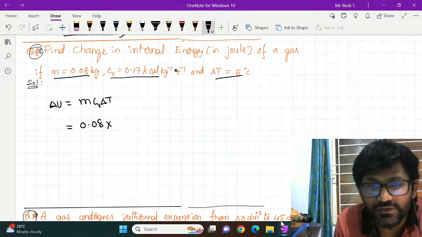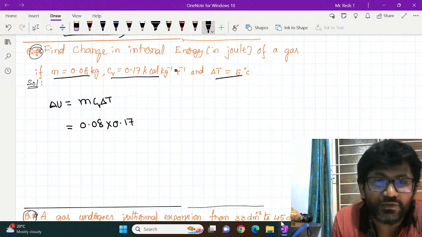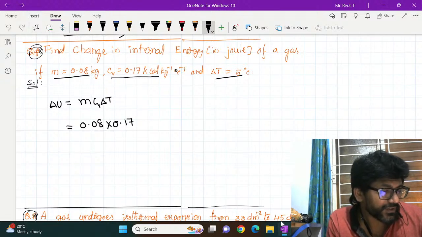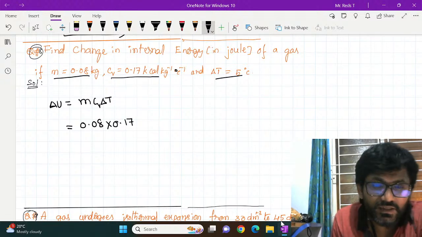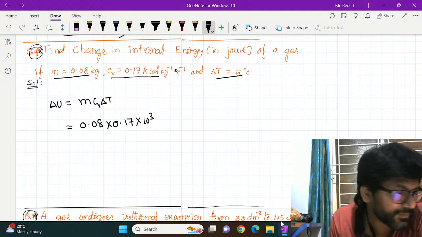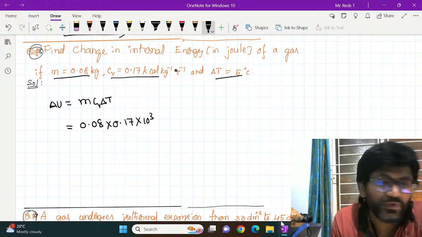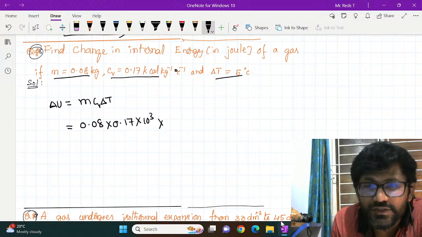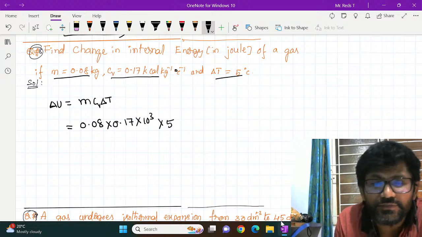So it is equal to 0.17 kilocalories. Especially while substituting this, I have to substitute kilo means 10 to the power 3. Let us keep in calories. Okay, so into delta T, change in temperature, is 5 degrees Celsius.